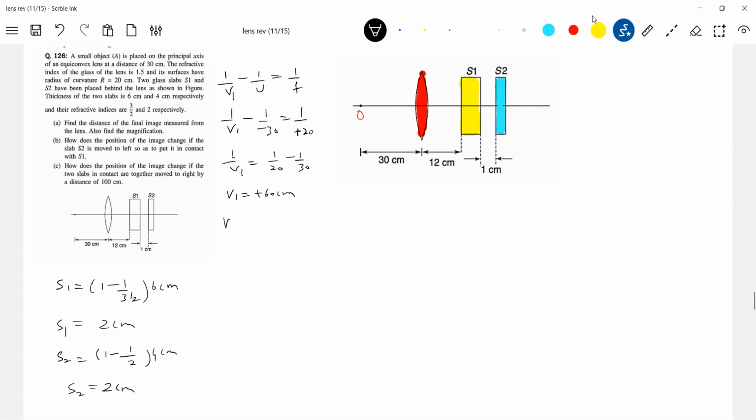There will be a shift. Because of the shift, 64 centimeter will be the final image. This much is what we know. And now I'm going to combine the slabs. What is the next part? In the next part, we'll combine the slabs.